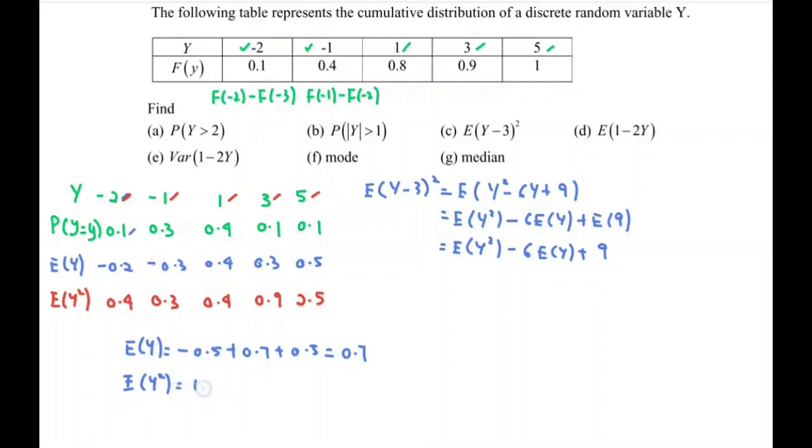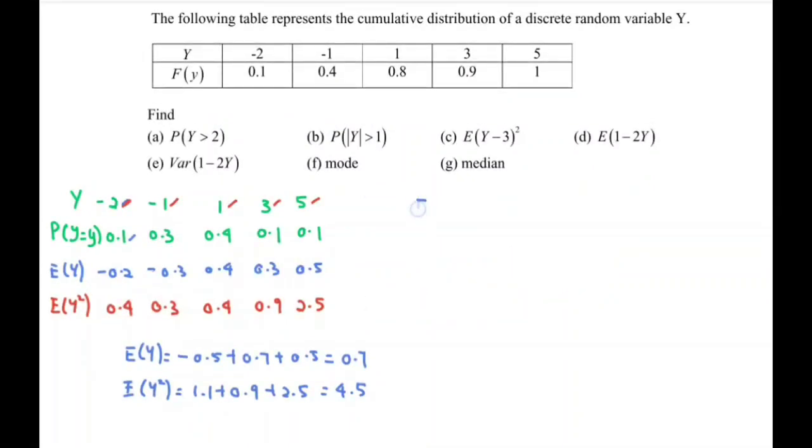Then we have 1.1 plus 0.9 plus 2.5, and we will have 4.5. So kindly substitute the situation. We have 4.5 minus 6 multiplied with 0.7 and then plus 9. So in conclusion, E[(y minus 3) to the power of 2] is 9.3.